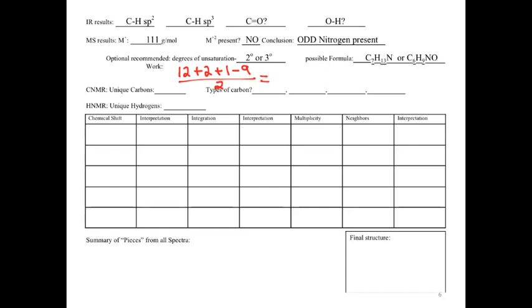When we do that math, we'll get 6 over 2, which gives us a degree of unsaturation of 3. So again, 3 degrees of unsaturation means we could have 3 pi bonds, 3 rings, a pi bond and 2 rings, 2 pi bonds and 1 ring. So we get all these possible different combinations out of it.